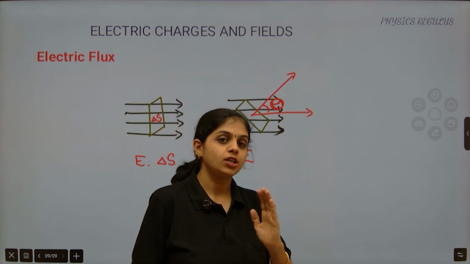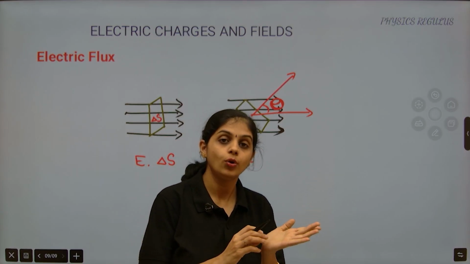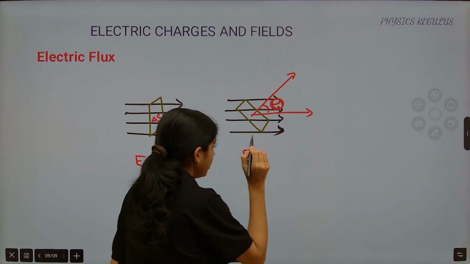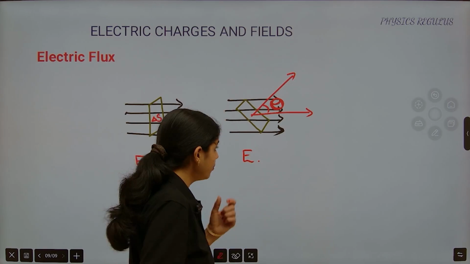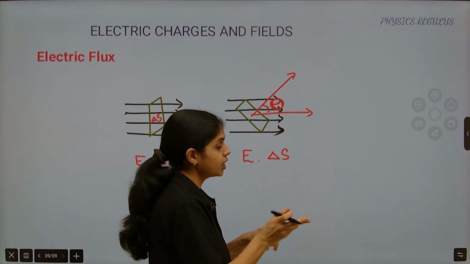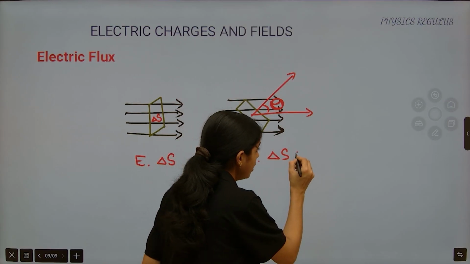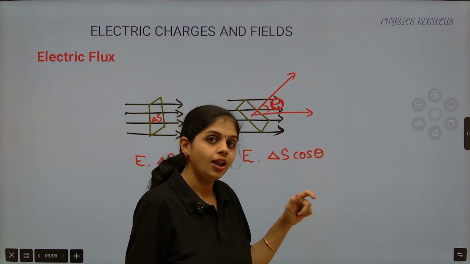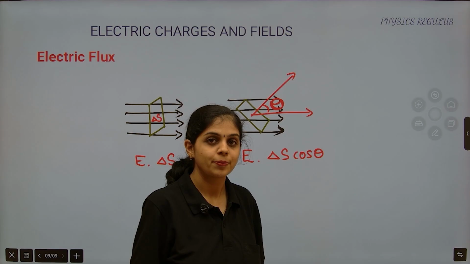Now the electric field crossing the surface depends on the orientation of the surface. It depends on the strength of electric field E, the area of the surface delta S, and the orientation of the surface, that is represented by cos theta here. Here theta is the angle between the surface normal and the direction of electric field.